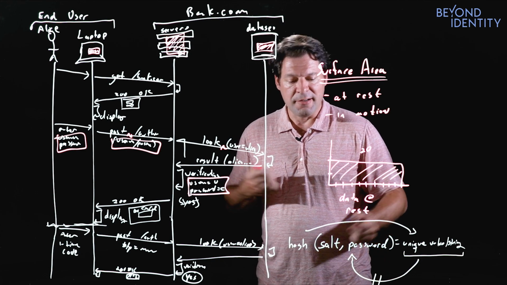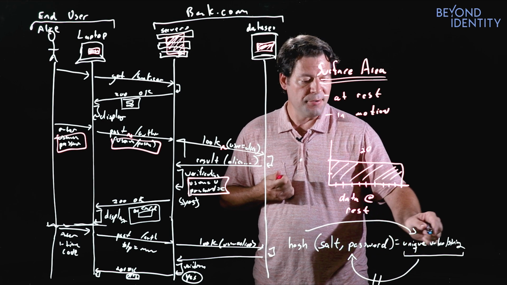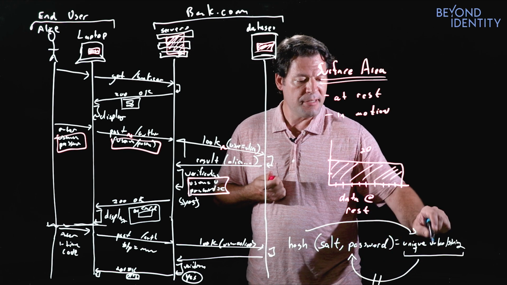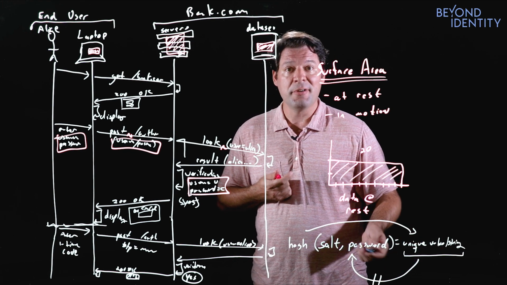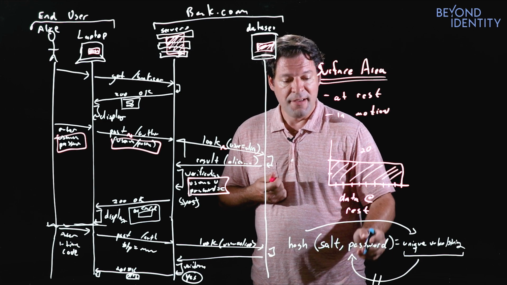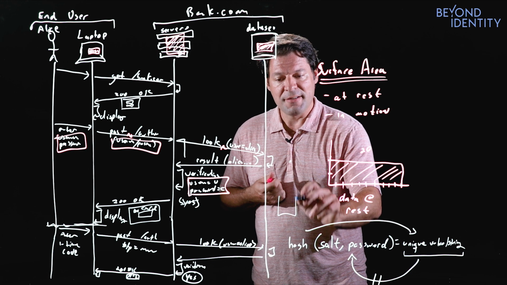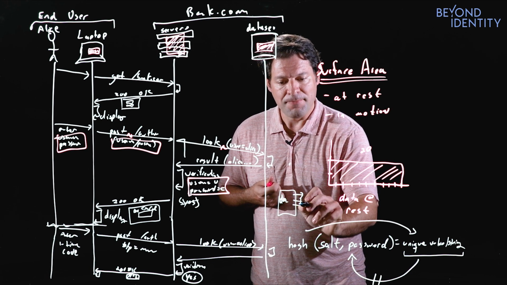Now, it turns out that there are a lot of attacks against this. While it's technically true that this is not an invertible function, and I can't easily go from this direction to this direction, most users actually use dictionary words, dictionary phrases. So if I know the salt, I can just start salting words in a dictionary, producing hashes.